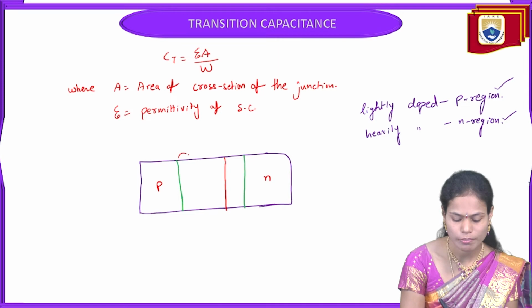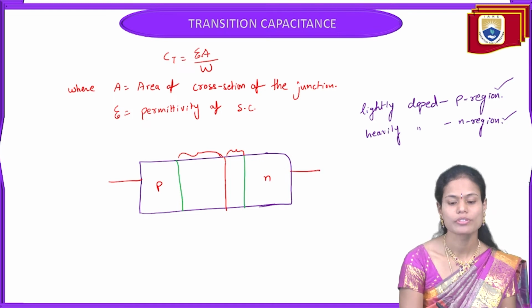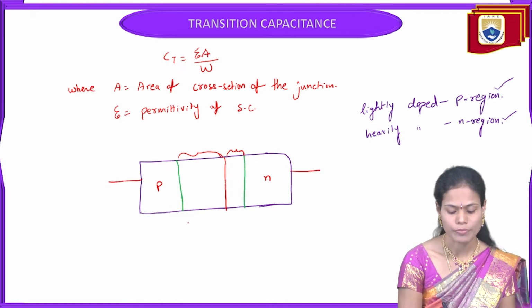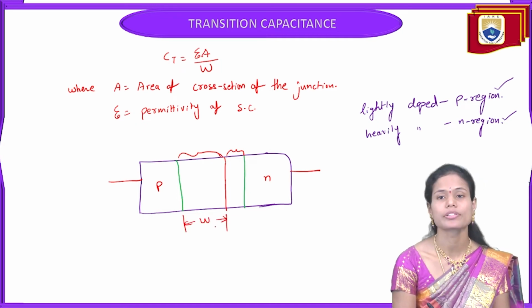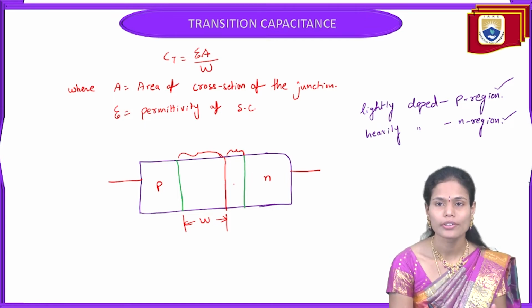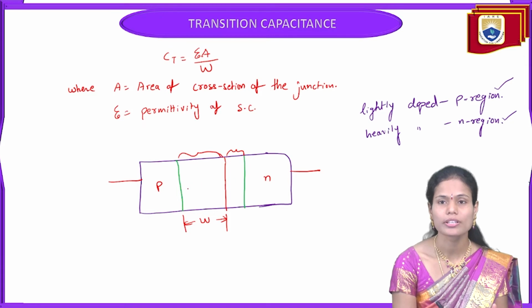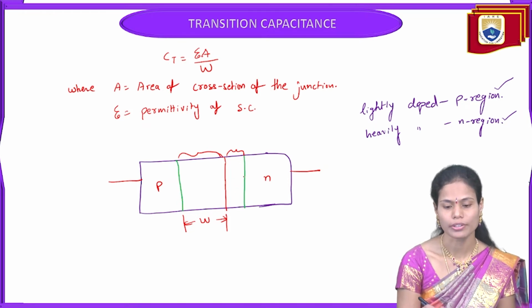So the depletion region is large here, and small here. This is the P region and the N region. This is the width of the depletion region. We are considering only the P region, because the depletion region in the N region is very small, but here it is very large. Because of that, only this width I am considering, and I am not going to consider the depletion region in the N type material.